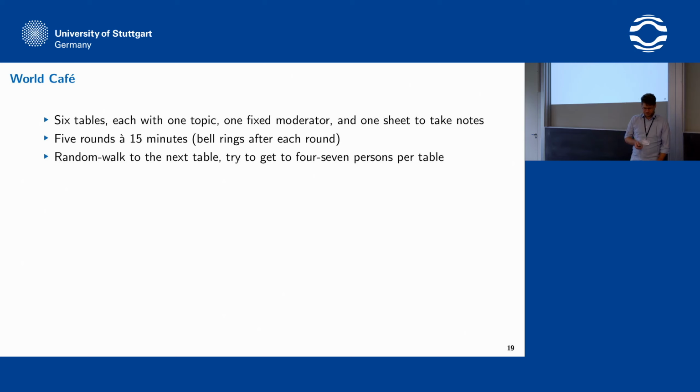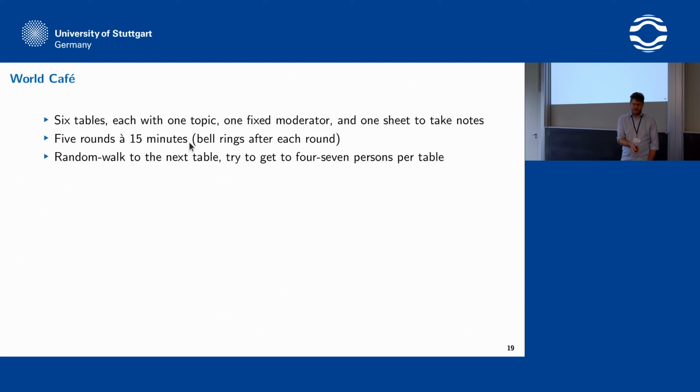If not, let me repeat. We will have 6 tables. Each table will have one topic, one fixed moderator, and one or multiple sheets of paper to take notes. And then we will have 5 rounds of 15 minutes. There will be a bell that rings after each 15 minutes.